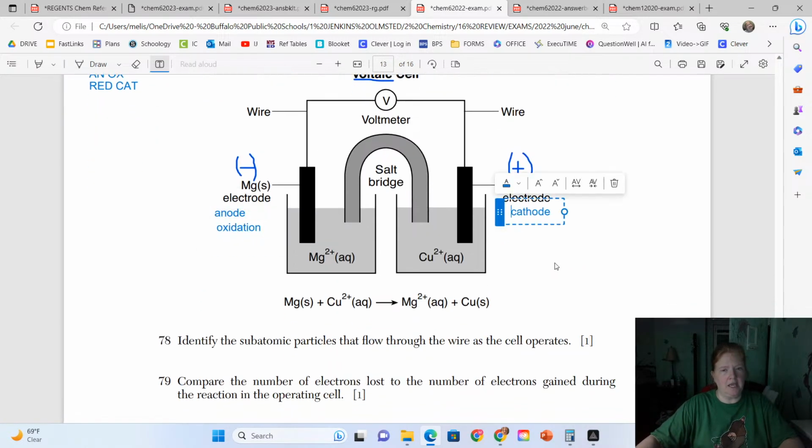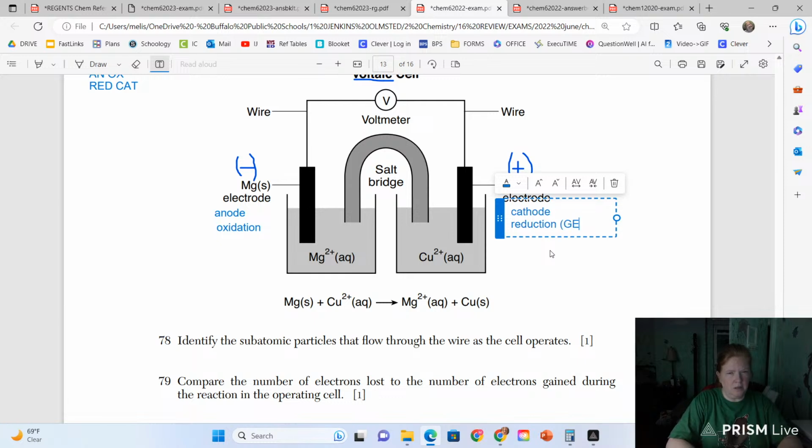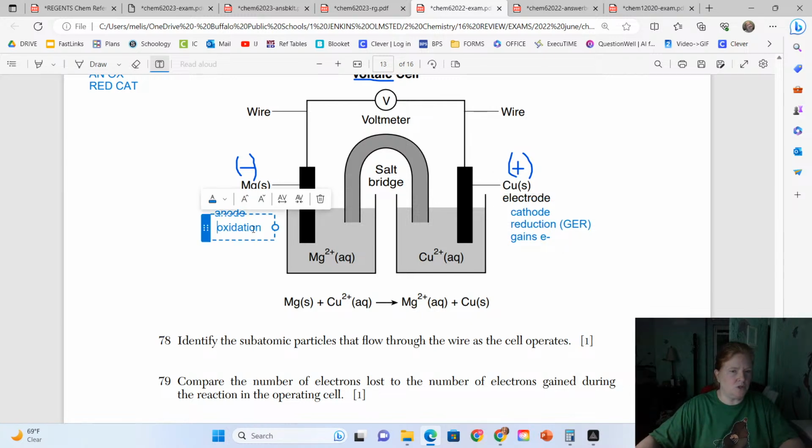At the cathode there is reduction. Reduction is GER, so that is gains electrons. Remember how we had to write the e negative to show electrons? So this is LEO, so it loses electrons. Why am I saying that?